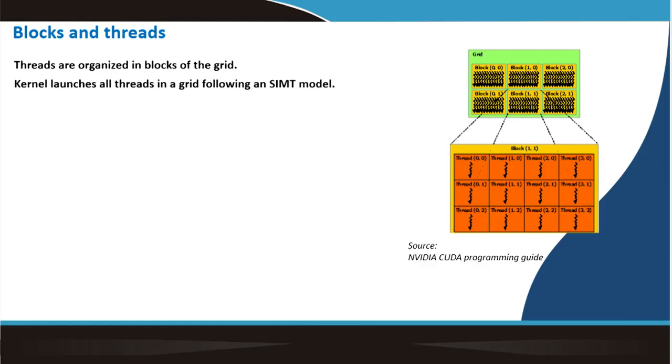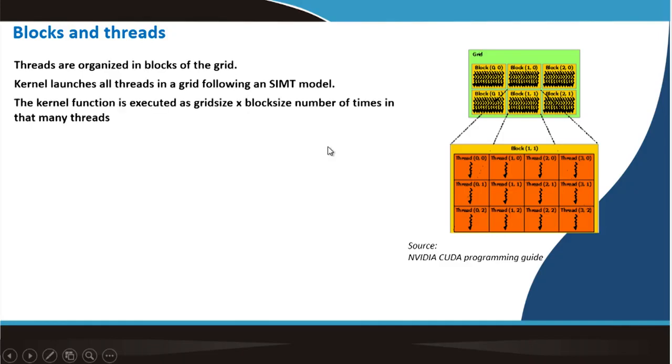So a kernel launch is essentially a single instruction multiple thread model, or single instruction multiple data model, of parallelization using multiple threads. The kernel function is executed on grid size times block size number of threads.